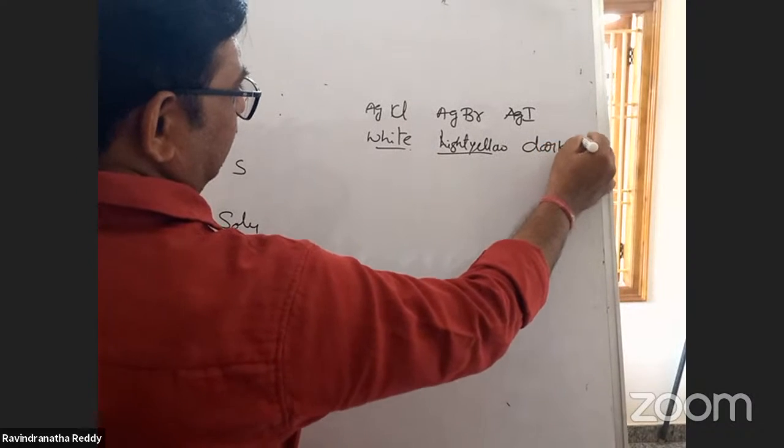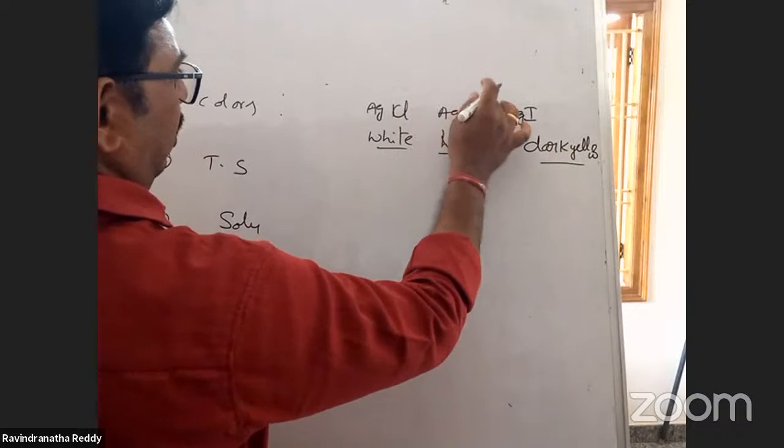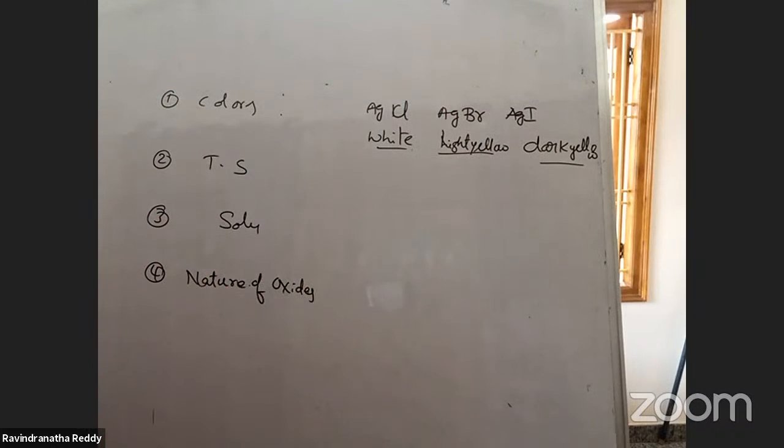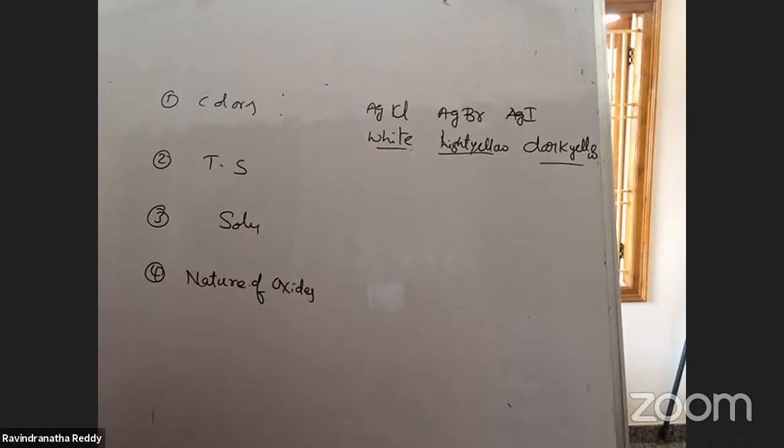How are we explaining these colors? From chloride to bromide to iodide, covalent nature increases. So that's why color intensity increases. Silver chloride is almost colorless, white meaning colorless.